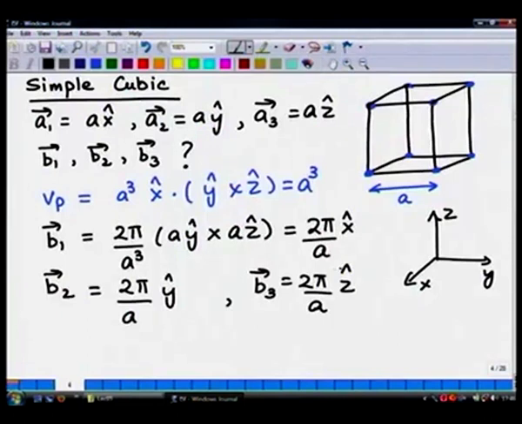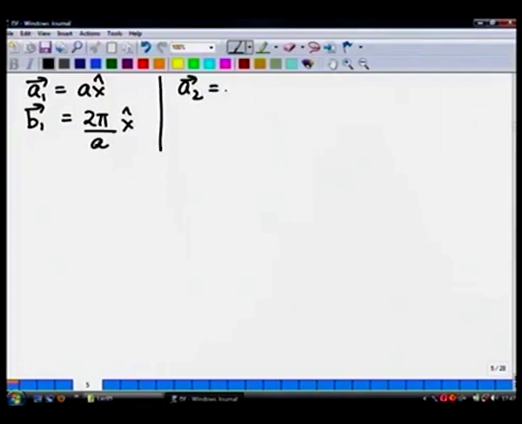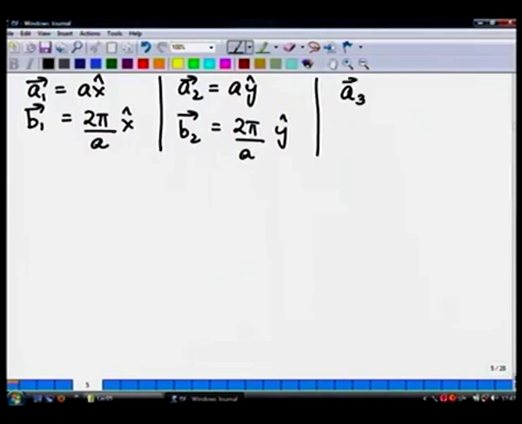Now notice and make a comparison. A1 was a x hat, and B1 is 2 pi by a x hat. A2 was a y hat, and B2 is 2 pi by a y hat. Similarly, A3 was a multiplied by z hat, and B3 is equal to 2 pi by a z hat.